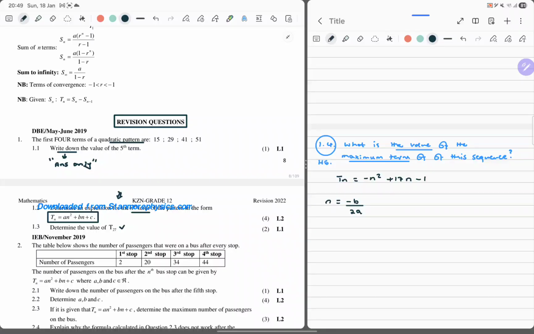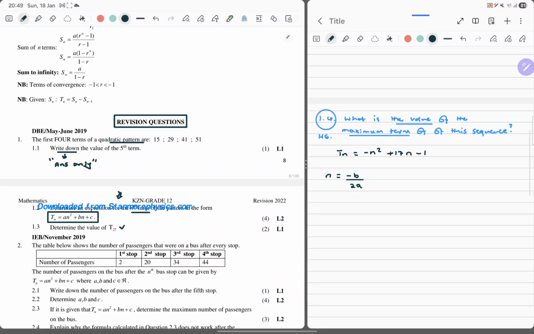Please be clear, guys, what formulas you are using. So this implies that n is going to be minus into 17 all divided by 2 into minus 1. This implies that n is equal to 17 over 2.